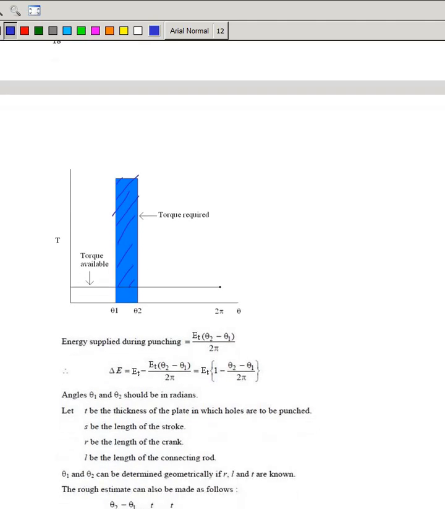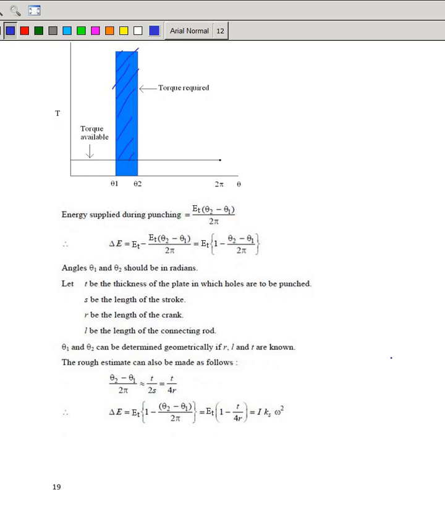Now we assume that this theta 2 minus theta 1 portion is small, and 2 pi means the crank rotates by a complete revolution, and while the crank rotates a complete revolution, the piston goes from one end and again comes back, so it is twice the stroke. So this 2 pi corresponds to twice the stroke.